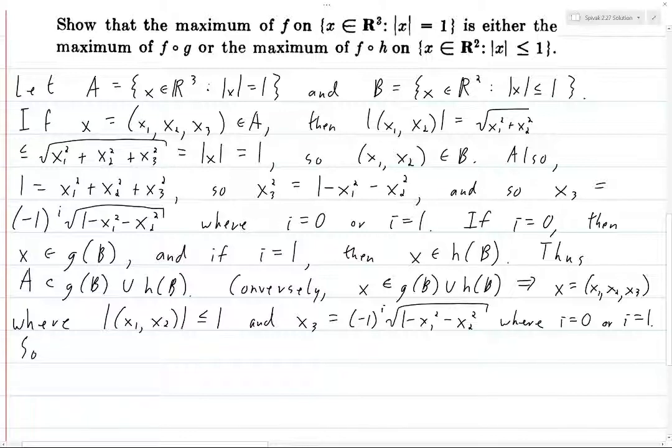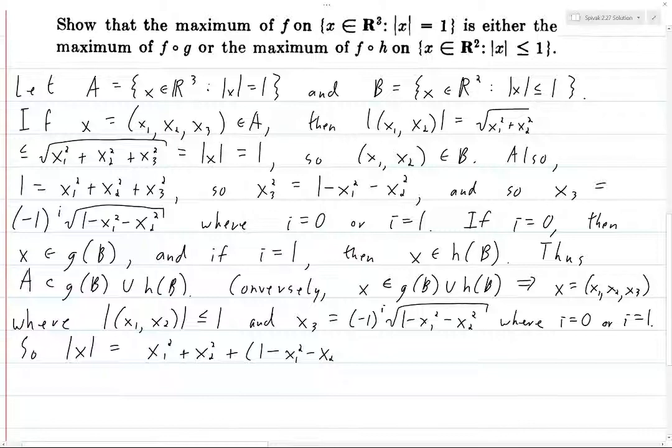So, if we take the norm of x, this is just the square root of x1 squared plus x2 squared plus x3 squared, which is negative 1 to the i. When you square it, it is going to be 1, regardless of whether i is 0 or 1. And then you square this other term, and we get 1 minus x1 squared minus x2 squared.